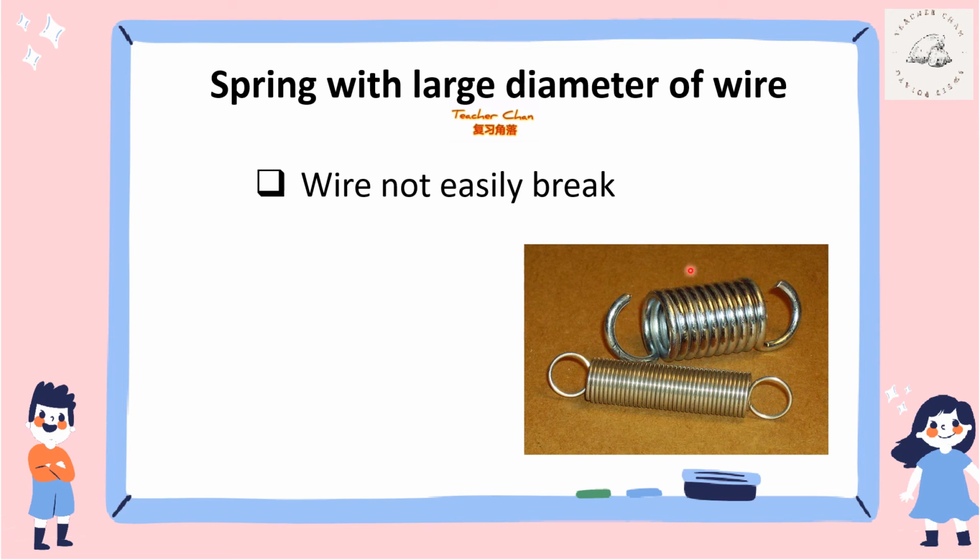Okay, so this one is the large diameter of wire, or usually we say this one is the thicker wire spring. So the thicker wire spring has a larger spring constant. When the spring constant is larger, we say this one is stiff. When the spring is stiff, the spring does not break easily.